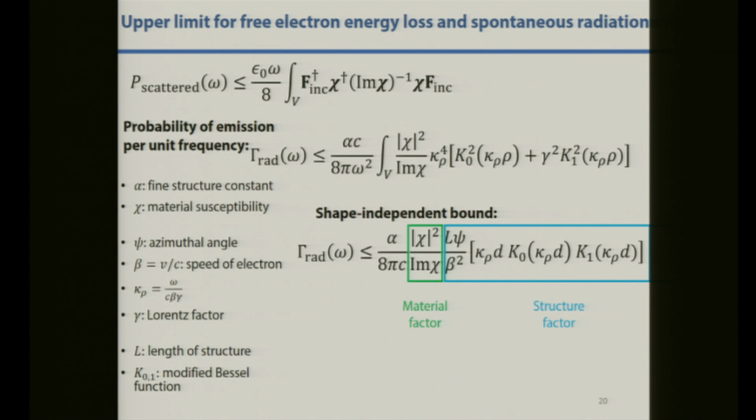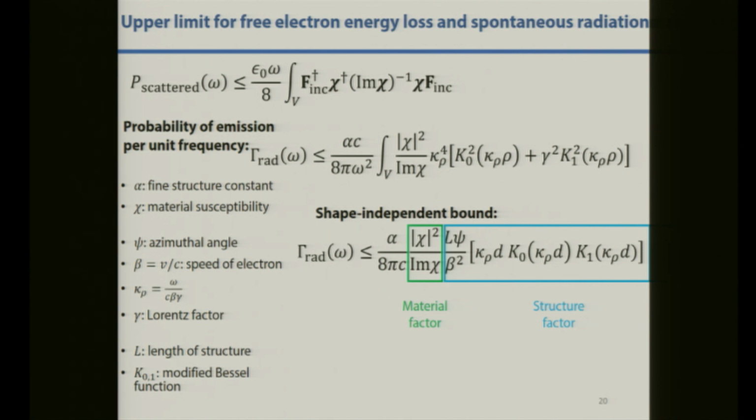There is a material factor given by chi squared over imaginary chi, and a structure factor that depends on the velocity of the electron as well as this impact parameter, kappa rho d, where d is the separation of the electron from the structure, and kappa rho is the wave vector of the problem, corrected by the Lorentz contraction.